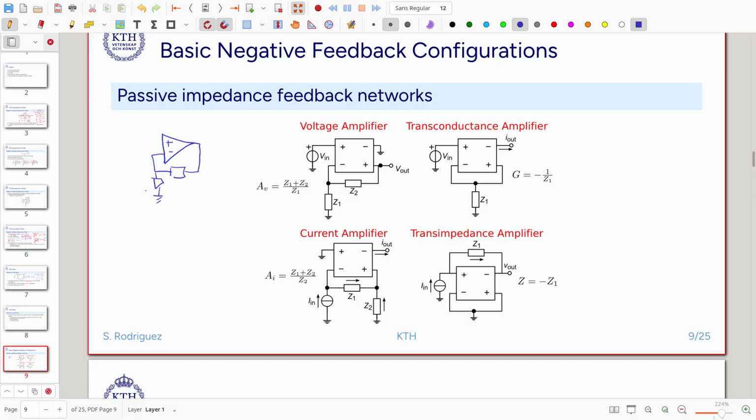This is a voltage amplifier using this configuration, V in and V out here. Conceptually, it works like this. There is a nullor here. For an ideal amplifier, we can replace it with a nullor, and then we take the output, feed it back to the input through this resistor divider, and then we get the following transfer function.